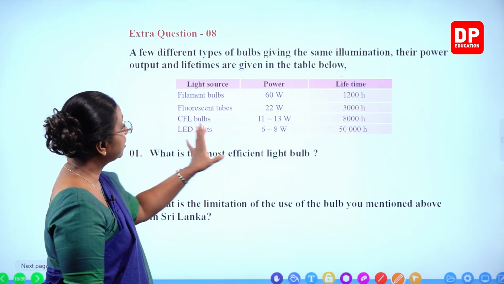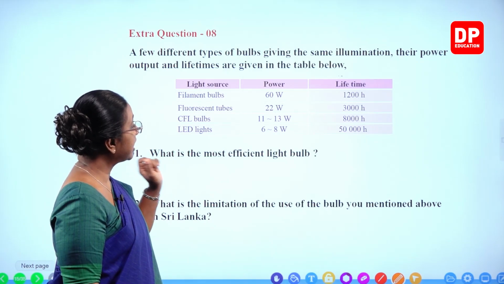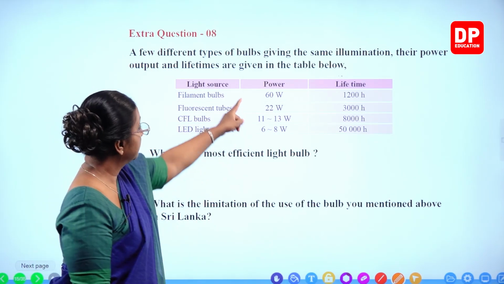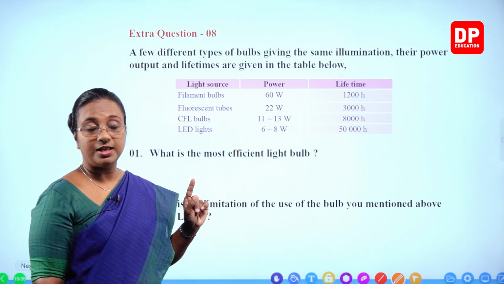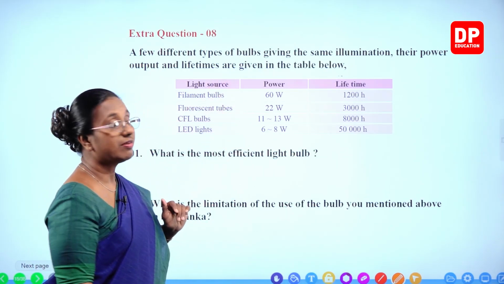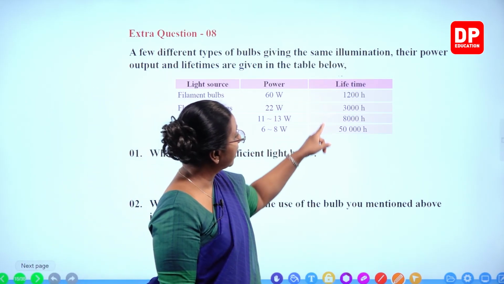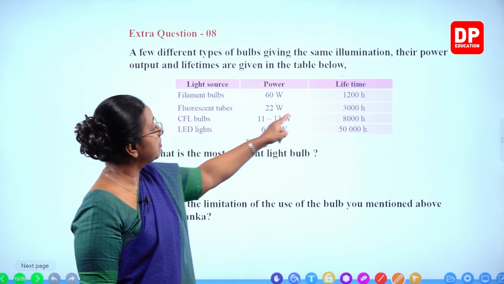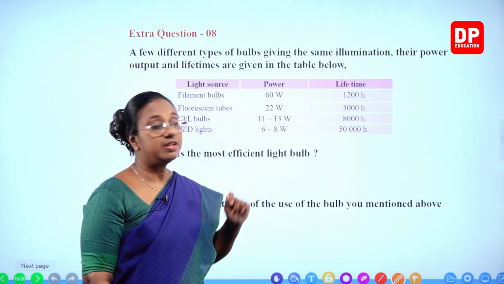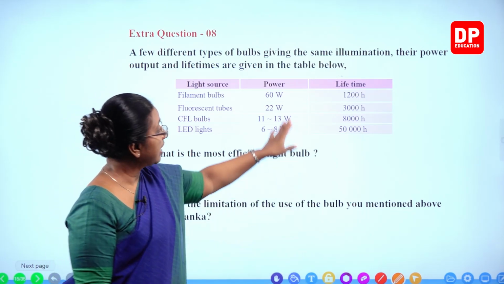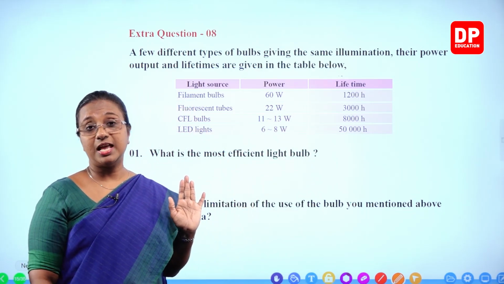So if you look at all these, you can understand the filament bulb has the highest power consumption, 60 watts, whereas LED 6 to 8 watts only. So as you go down, the power consumption decreases. And also look at the lifetime. Filament bulb only 1200 hours, LED lights 50,000 hours. So the lifetime increases. So from that, what can you understand?